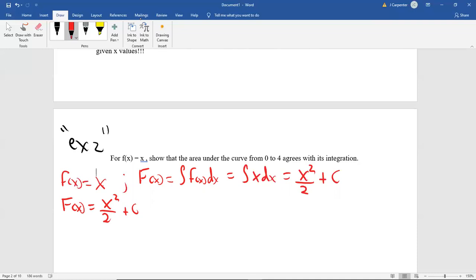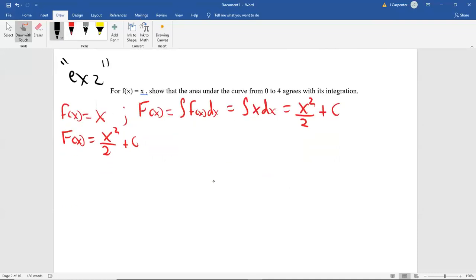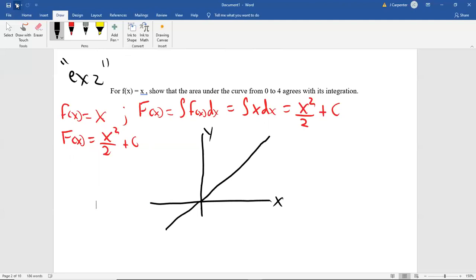Well, let's do the graph. Here's a graph. I'm really only worried about the positive region. We're going from 0 to 4. This is the line y equals x, or f of x equals x. At 1, we have a height of 1.